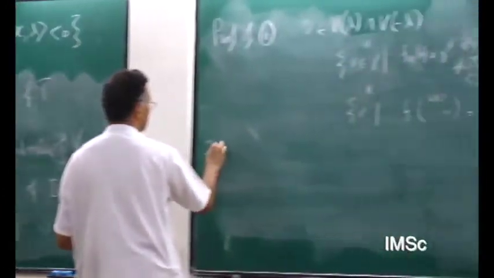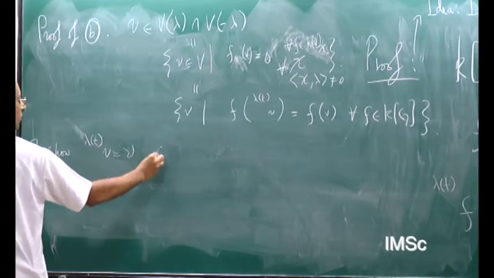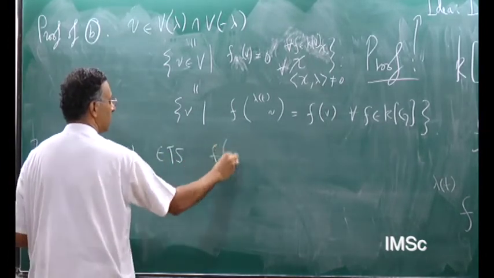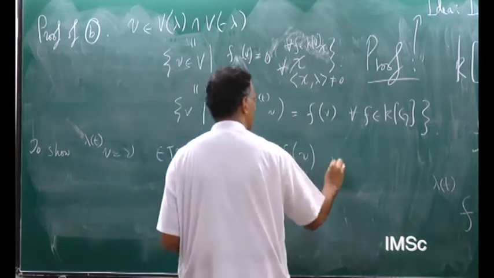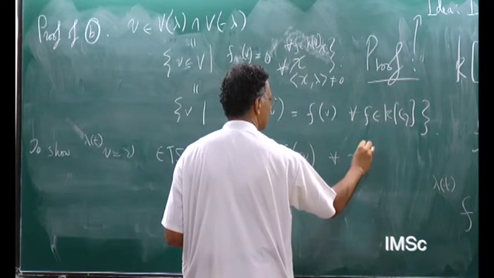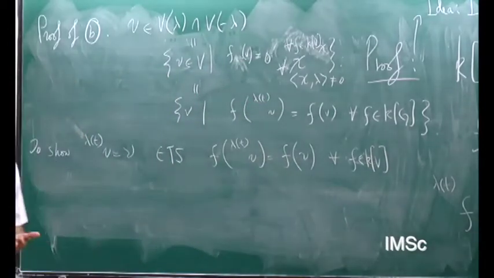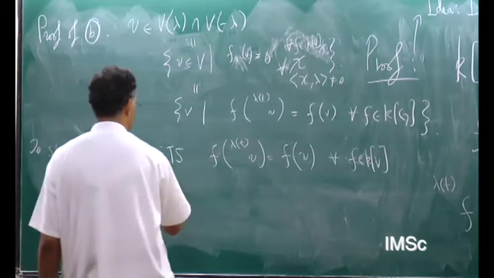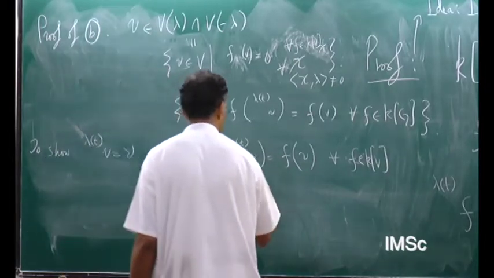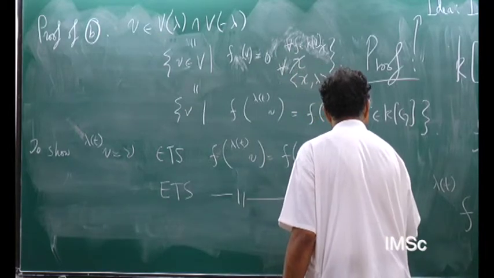So let's rewrite the proof. To show lambda t v is equal to v, it is enough to show f of lambda t v is equal to f of v for all f in kv. Right? But for all f in kv, I can replace it by all kv chi. Okay? So enough to show, for all f in kv chi, for all chi.